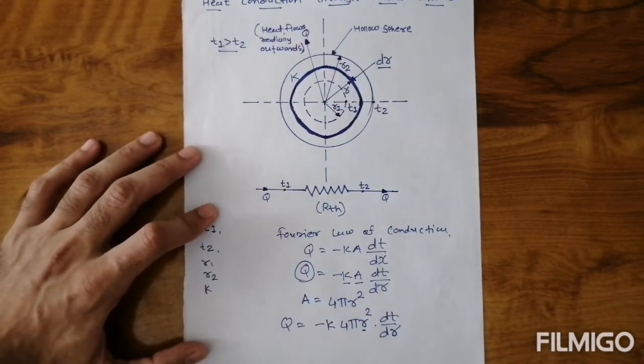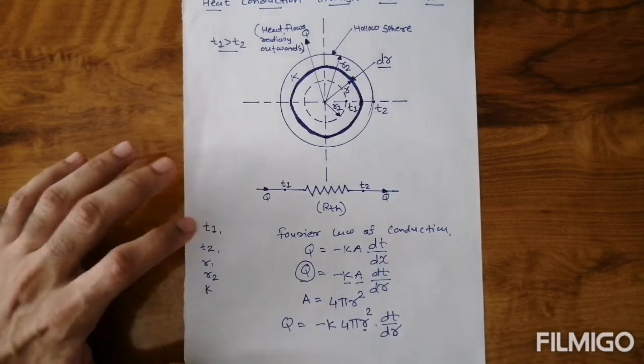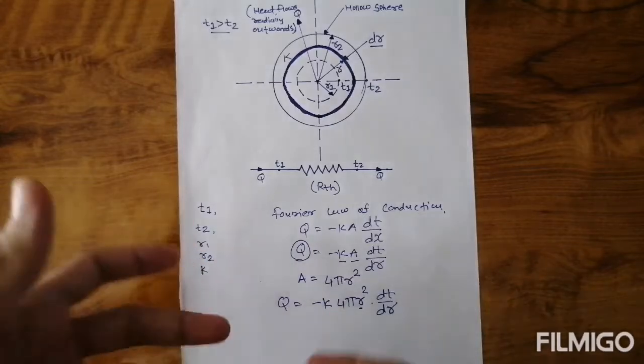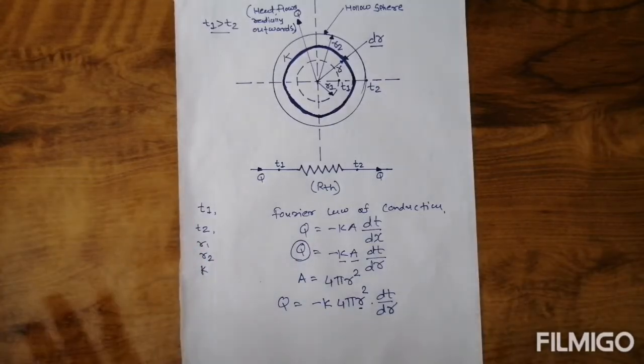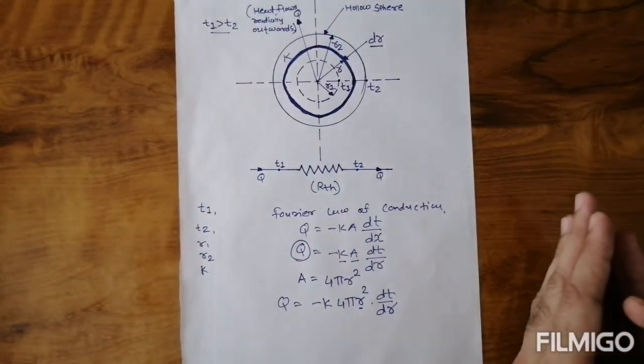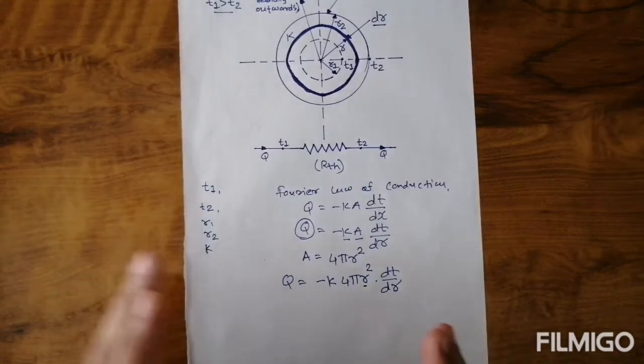Okay, now we require the rate of heat transfer for the hollow sphere. How will it be considered? We have two boundary conditions, but first of all, we just rearrange the terms: on one side the radius term, and on the other side the temperature term.